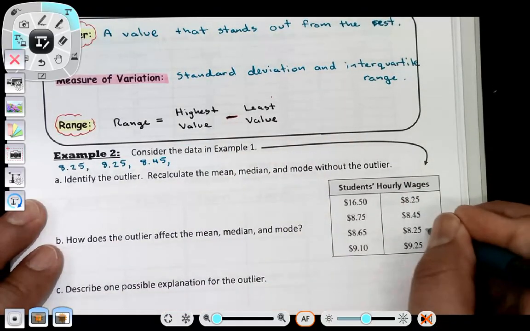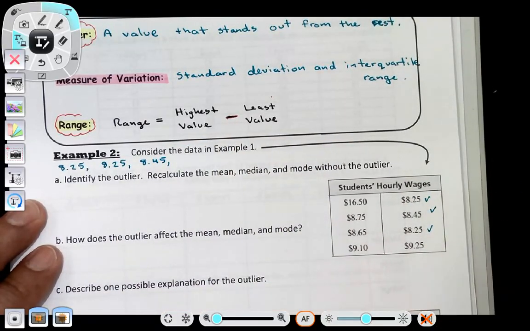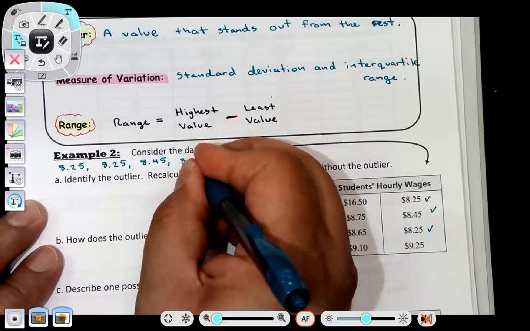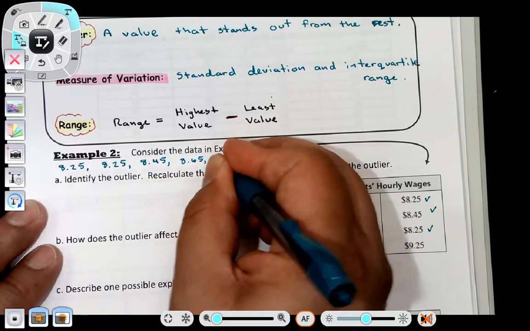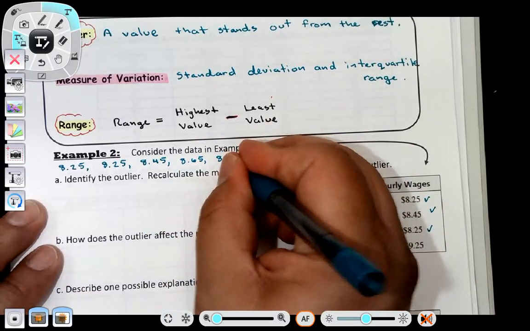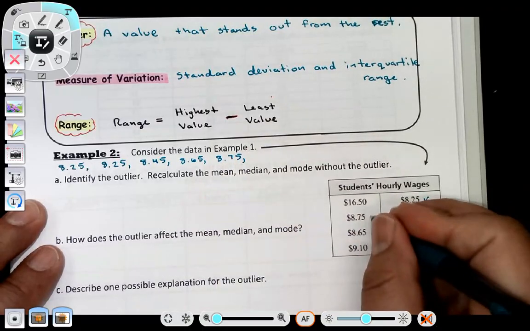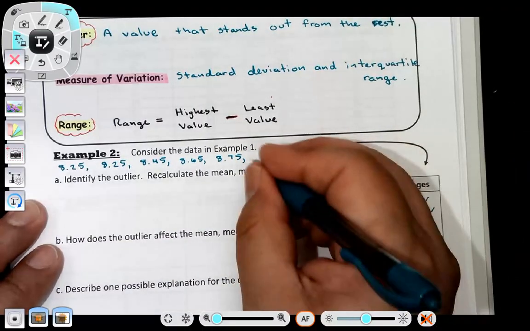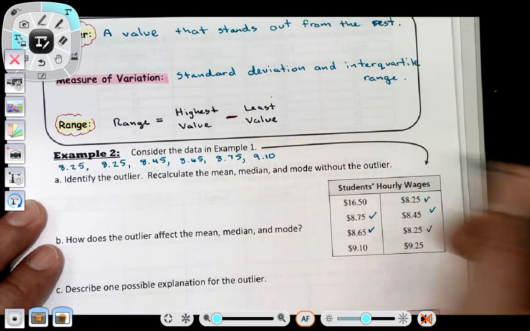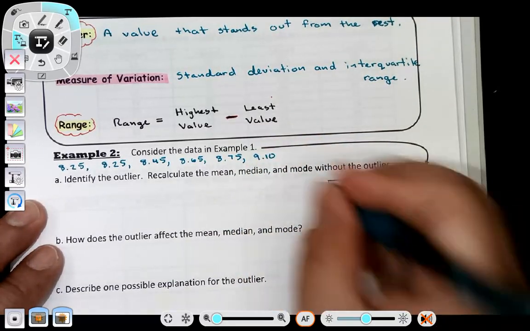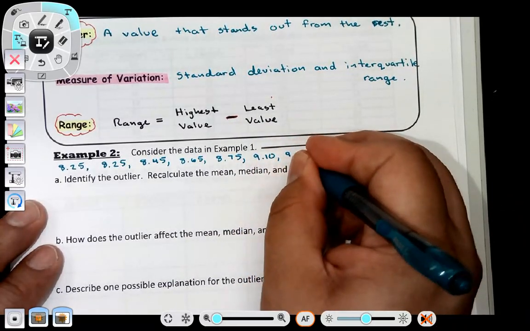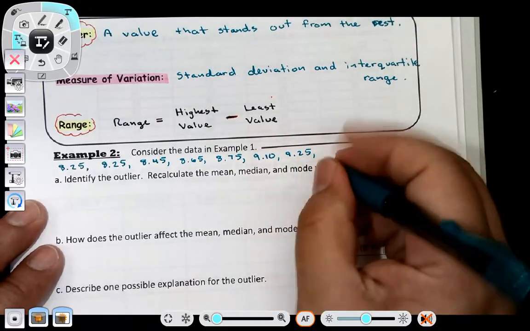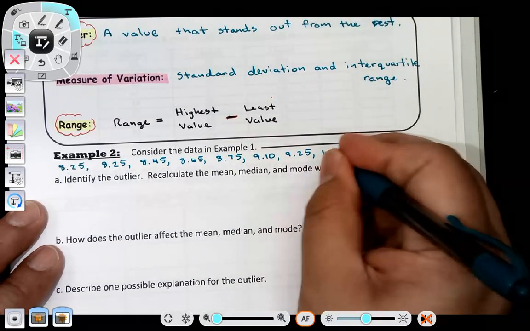So let me just make sure I've got all of them again. 865, 875. Again, we're just rewriting this list. We want to put it in order for a reason. So 910, 925, and 1650.